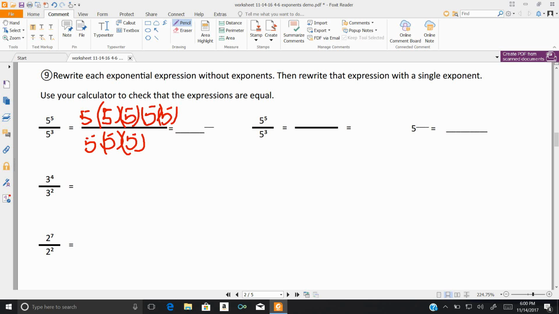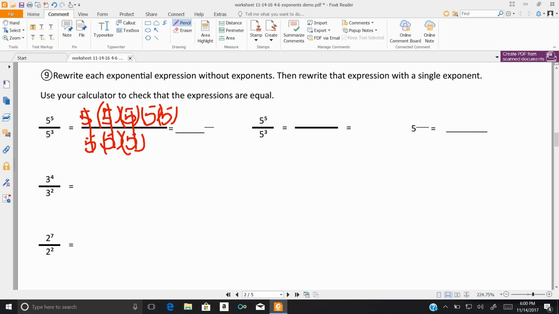And now if I think about it, I have 5 in the numerator, 5 in the denominator. I can reduce that by dividing them both by 5, or I have 5 divided by 5. That's 1. We say we cancel it, we cross it off, but really it becomes 1. This becomes 1 as well, and this becomes 1 as well.